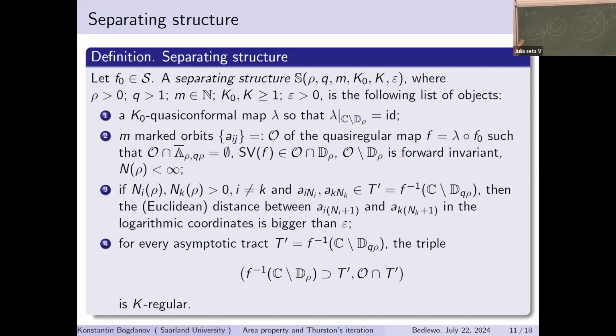And we can do this relative to the boundary of this tract, so that our tracts are not too wiggly, they are not too thin, so it gives some sort of a geometric condition.